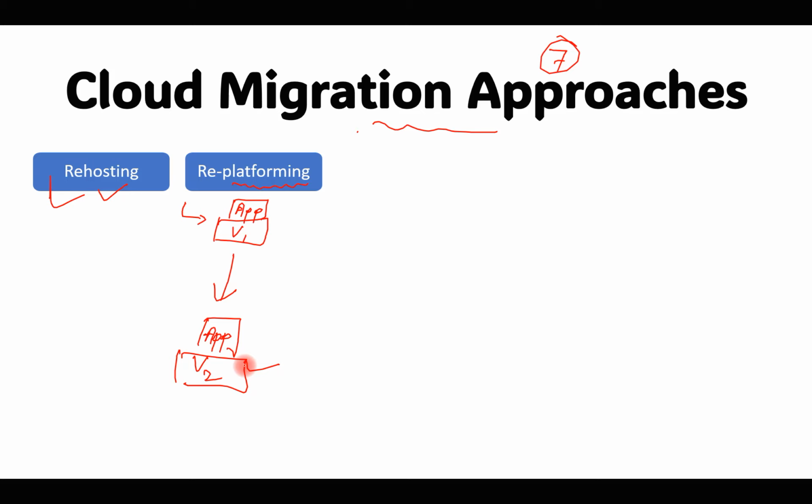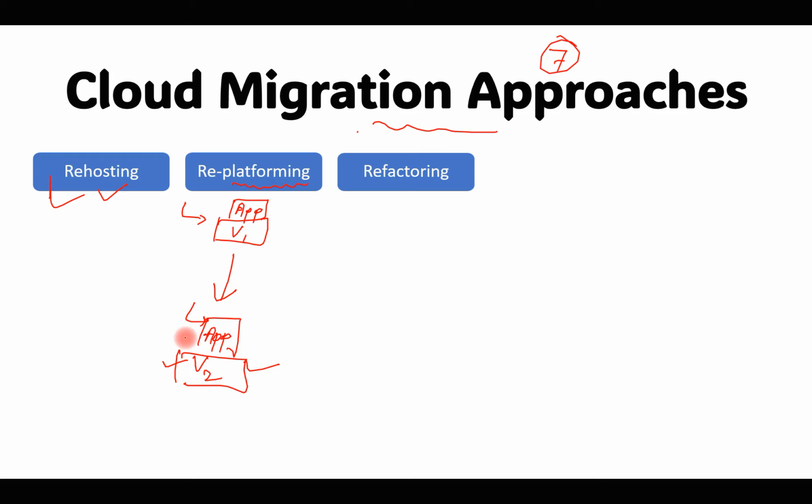So here we are making changes in the platform where we are hosting our application. It might be the case for Windows Server as well. Whatever server you are using, you need to make changes in that, but we are not making any changes in the application. If required, we will change the code a little bit, but will not touch much in this case.